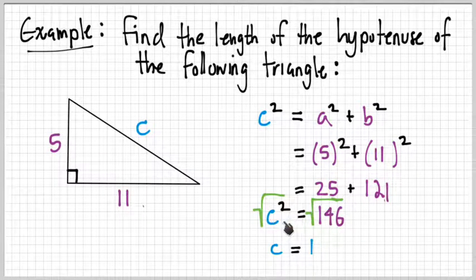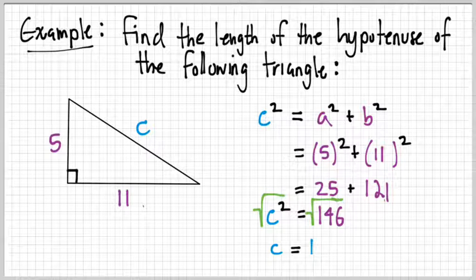Now 146, unlike 169, doesn't turn out to be a nice easy number. It's somewhere between 12 and 13, right? Because the square root of 144 is 12, and 169 was 13. So basically, there are two things you can do here.